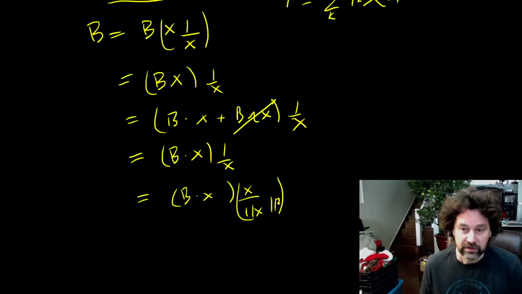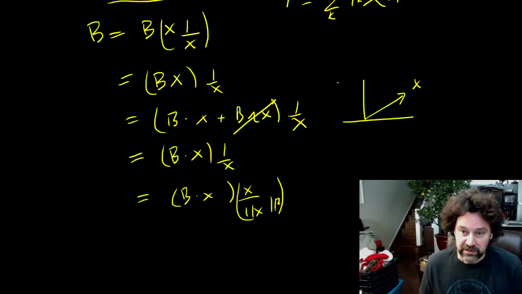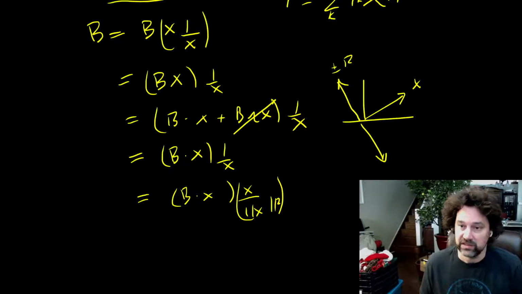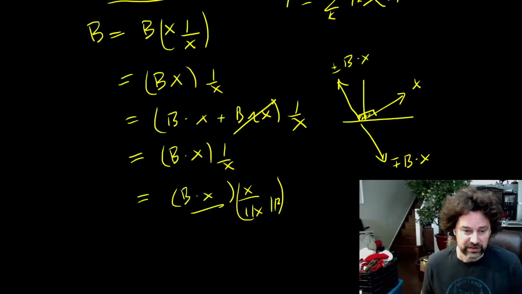If we have a plane, and I have some vector in the plane, if this is x, then b dot x is going to be in one of these directions. This would be plus or minus b dot x, and this might be minus or plus b dot x. It would be orthogonal to x. So these are two orthogonal factors. So we've seen that b dot x, if we dot that with x, it should be 0.